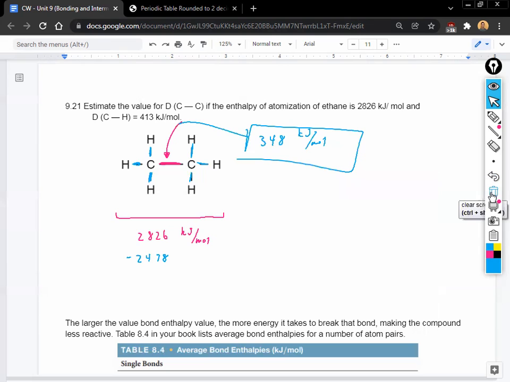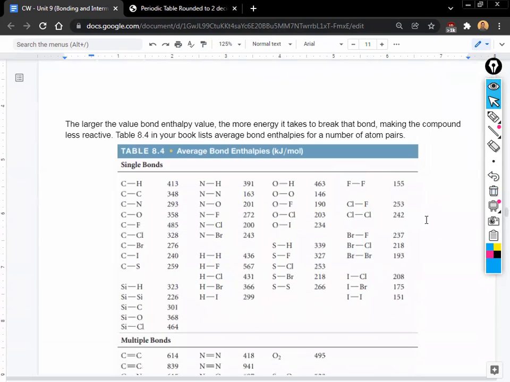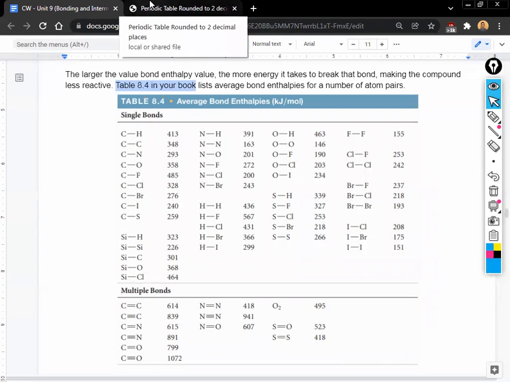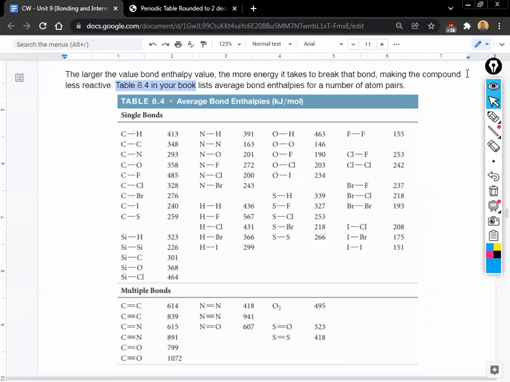Alrighty, let us move on. So again, like I said, there's always going to be a table for these bond enthalpy values, and you guys can probably guess the bigger the number, the more energy it takes to break that bond. So this table is 8.4 in your book. Again, you guys don't need to memorize any of these. You're always going to be provided the bond enthalpies. But it is nice to know the trends.